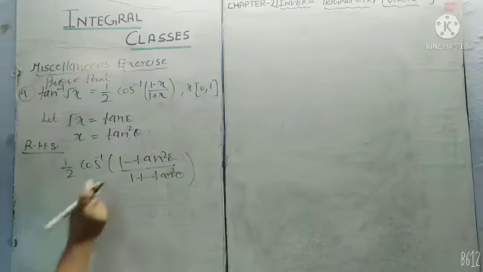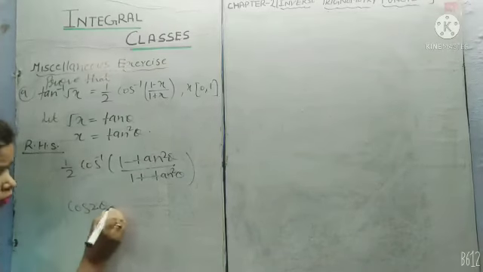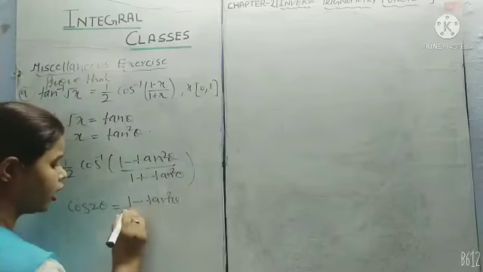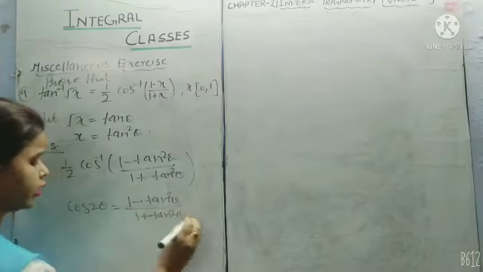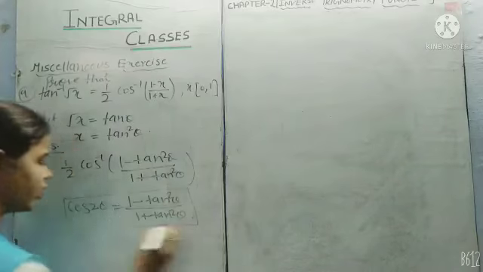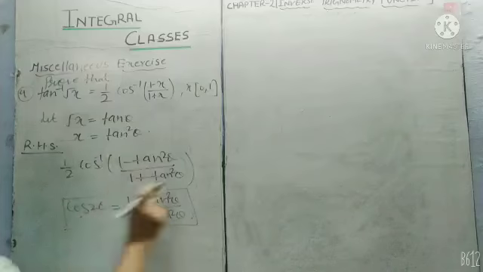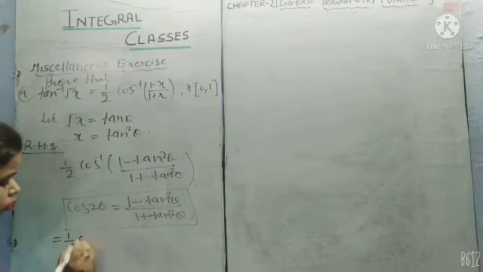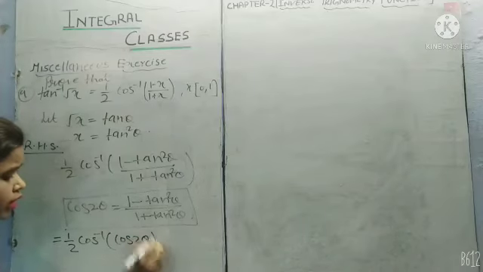So student, this formula is of cos 2 theta, which equals 1 minus tan square theta upon 1 plus tan square theta. In 11th class we have studied this formula. So we will replace all of it by cos 2 theta. So we will get 1 by 2 cos inverse cos 2 theta.